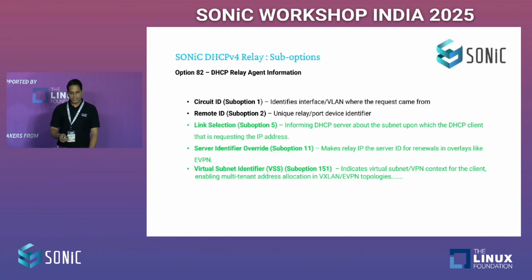And with respect to virtual subnet identifier, with a lot of VRFs coming into the picture, obviously nowadays DHCP servers have been configured with pools with respect to your VRF. Multiple VRFs can have overlapping subnets as well. So the DHCP server needs to take a conscious decision about which pool and which VRF the IP address has to be allocated from, without cross allocation of the IP address from a different pool.